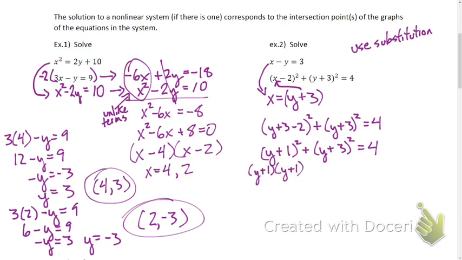You multiply first times first, middle times middle, last times last, and outer terms, and you end up with y squared plus 2y plus 1. On that next one, y plus 3, you end up with y squared plus 6y plus 9. And I see some y squareds, which means we're probably going to have to factor.